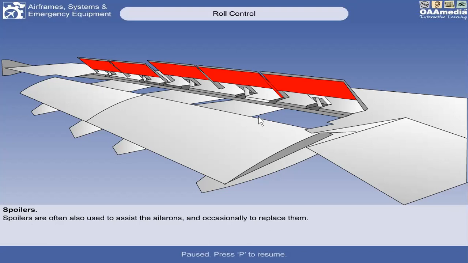So, mas mababa na yung lift sa right wing, and because of the deployment of the spoilers sa right wing, pwedeng hindi ka na mag-deploy ng spoilers doon sa kaliwa. Or pwedeng hindi mo na nga i-deflect yung ailerons eh. Because of the operation ng spoilers sa right wing, nagkaroon ka ng decrease ng lift and increase in drag. So therefore, ang tendency niya is mag-roll na ngayon sa kanan. So that's how spoilers are used in roll control.